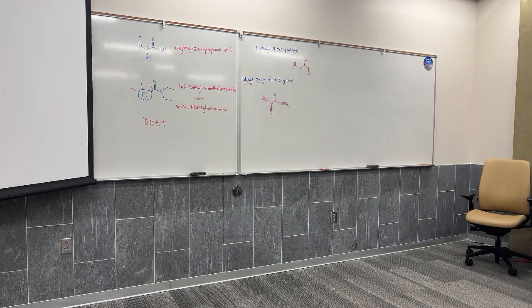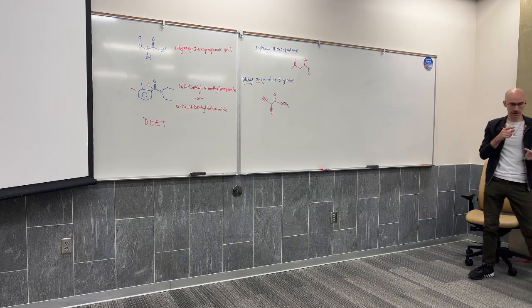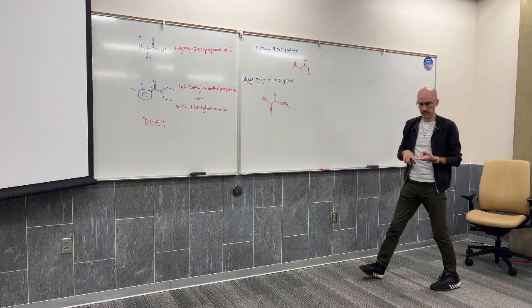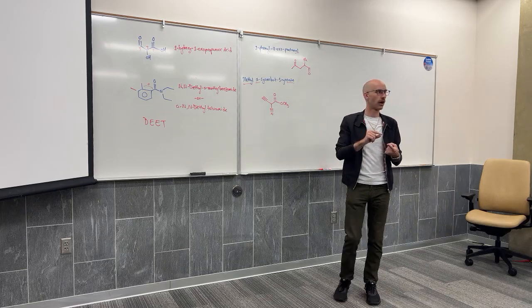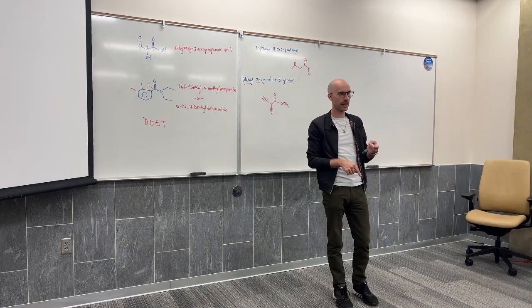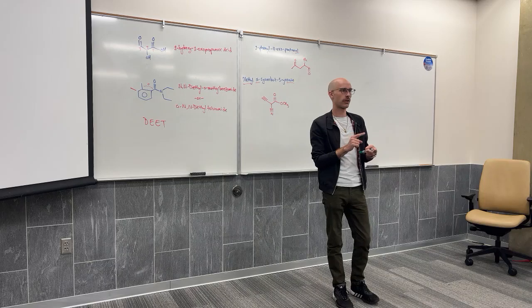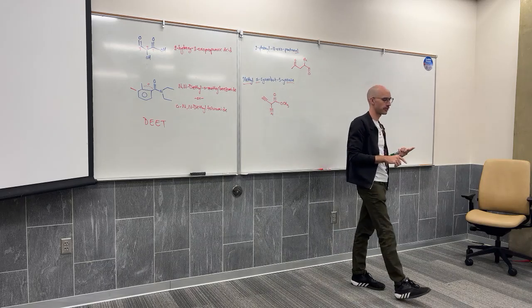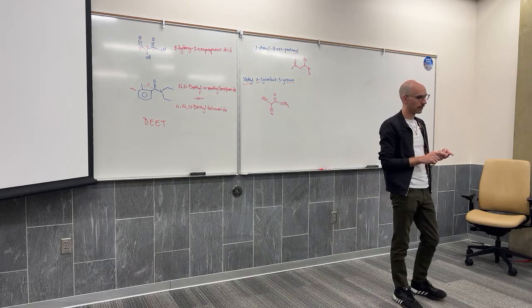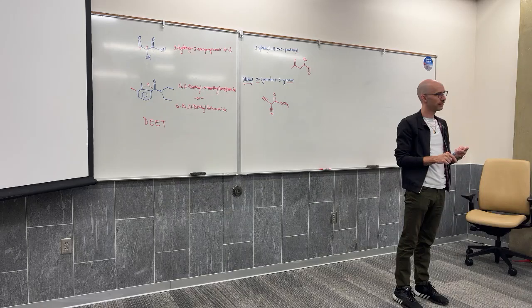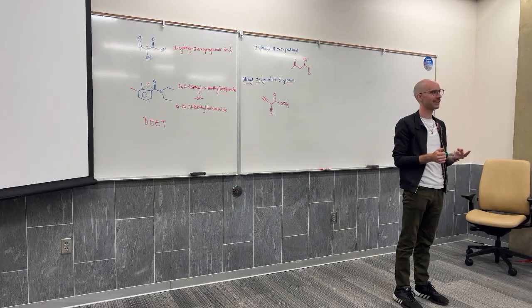We didn't quite get into the reactivities of aldehydes and ketones, and we have a number of reactions to learn about. We're going to look at when aldehydes and ketones are hydrated, when they react with water. We're going to look at when aldehydes and ketones are reacted with alcohols. They're going to form a new functional group for us called hemiacetals and acetals.